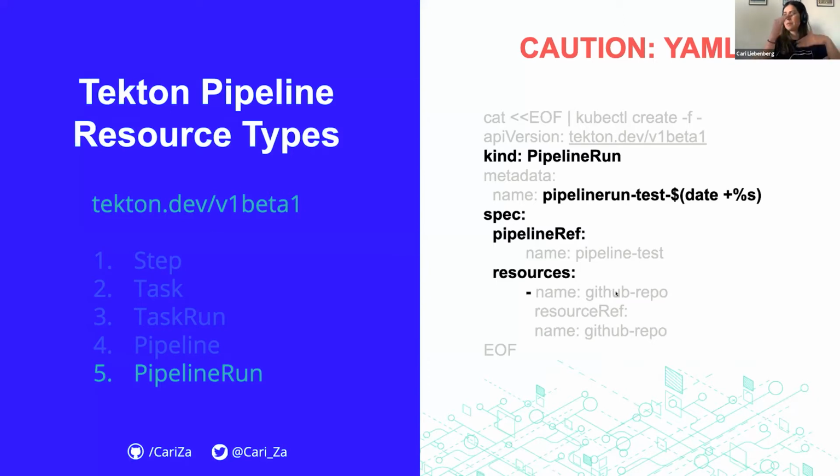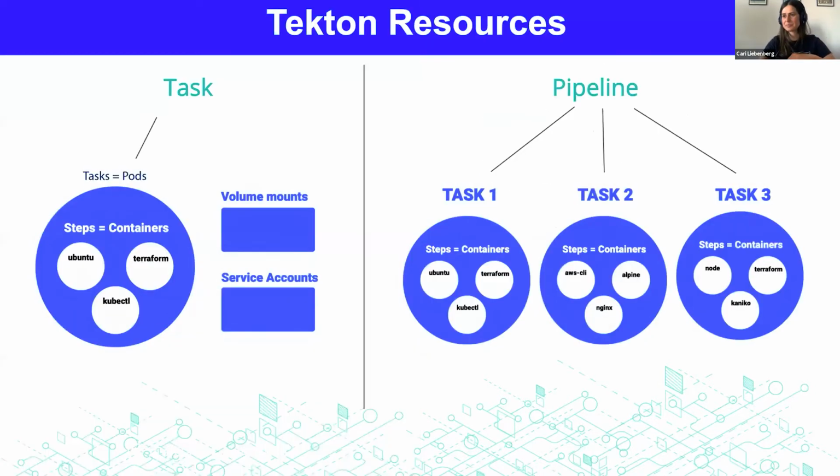So from the pipeline run side, I pass it the repo, which will then go to the pipeline. The pipeline will trigger the task runs, and then they pass down to the task the resources that I've described in the pipeline run. So it trickles down through the chain, if that makes sense. But I'll demo it, and hopefully it'll make more sense in the demo.